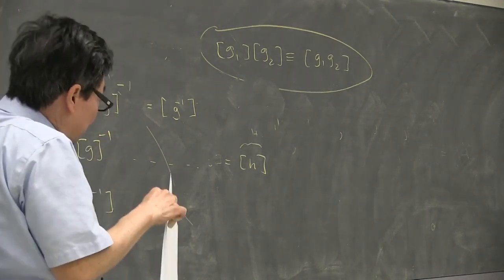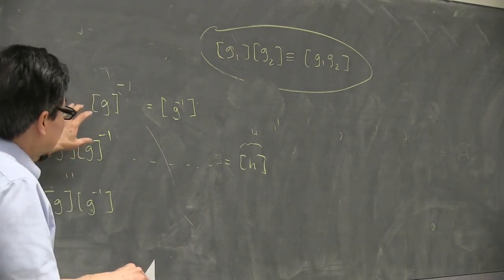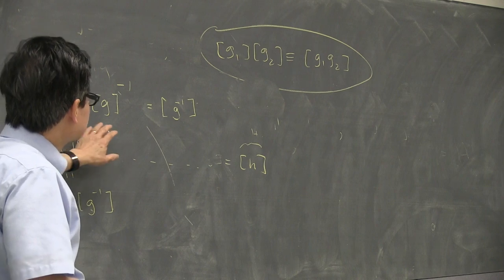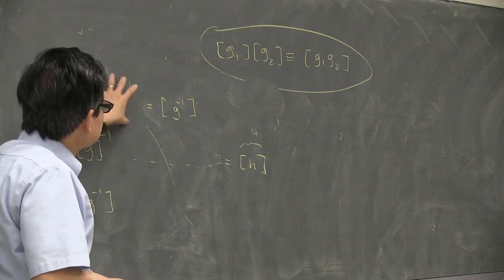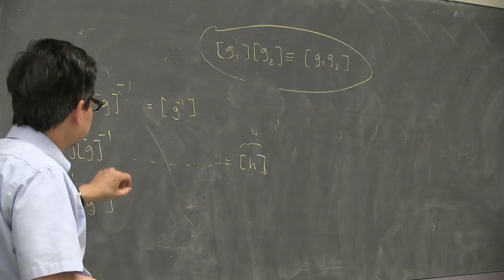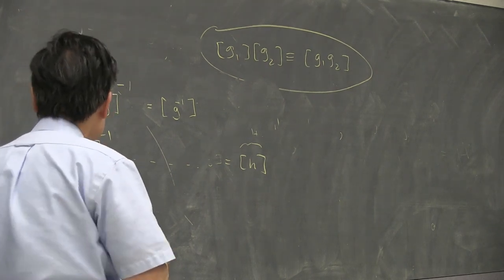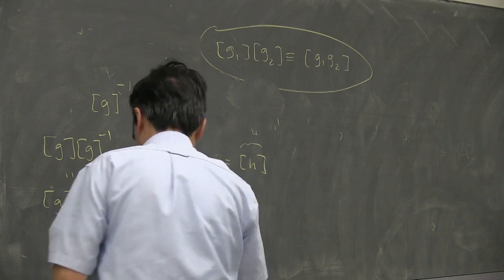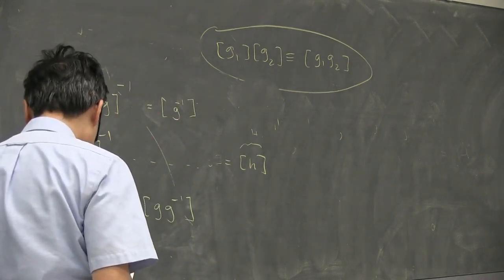Okay? We don't know whether or not that is the inverse. We're going to show that. All we know is that you have introduced this symbol in here, which is defined to be this thing in here. We're going to show that this is in fact the inverse of G. Right. So according to the group multiplication rule, this is equal to that.